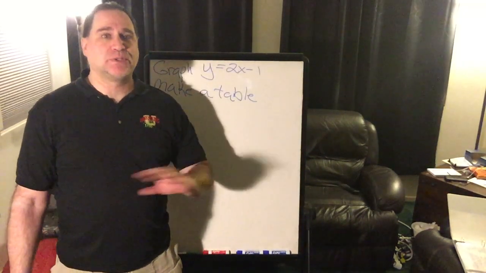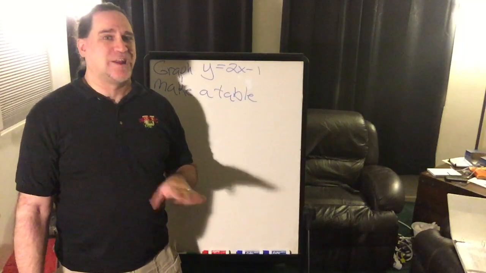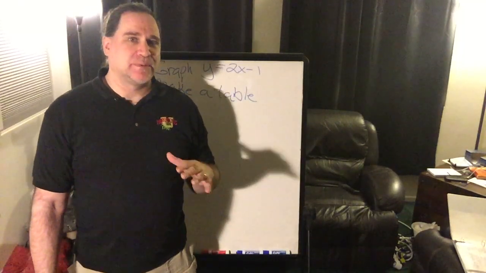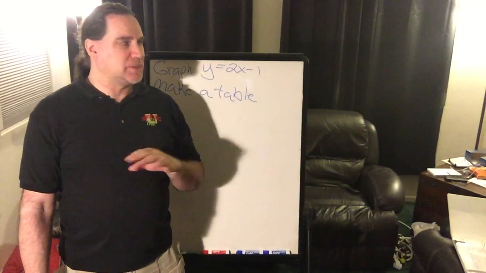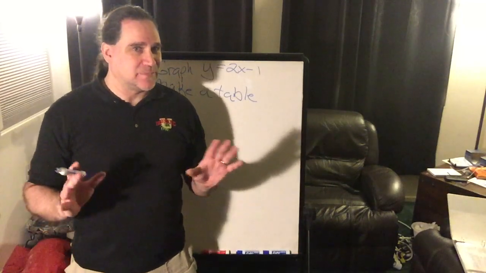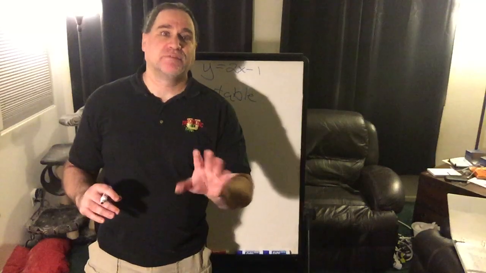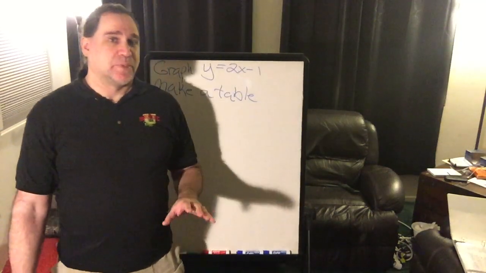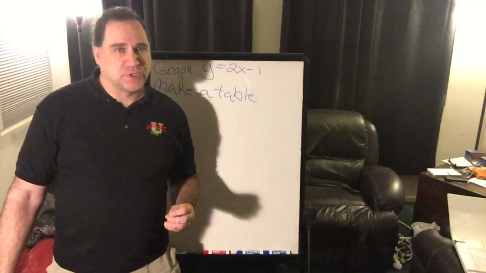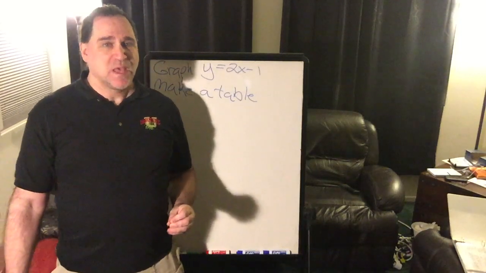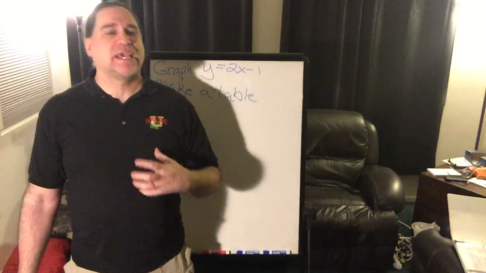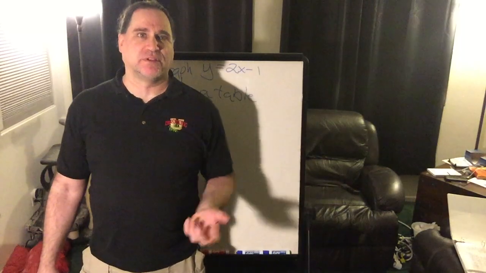And eventually you'll be able to do a graph without the need to make a table at all. In fact, you'll be able to graph a linear equation without a table in, I'm not exaggerating here, like 10 seconds. Let's make it a little longer, 15 seconds. Okay? But for right now, we're gonna do it the long way. And again, I always feel like you can't appreciate a shortcut until you've done the long way.